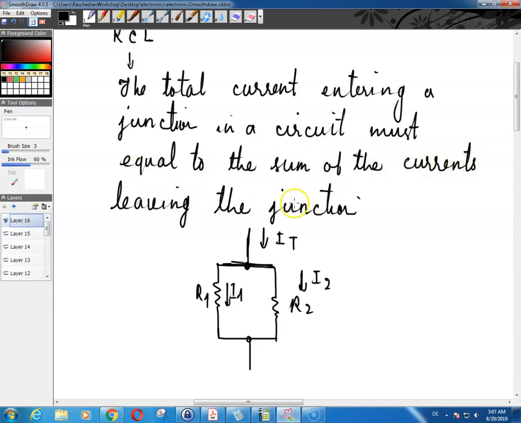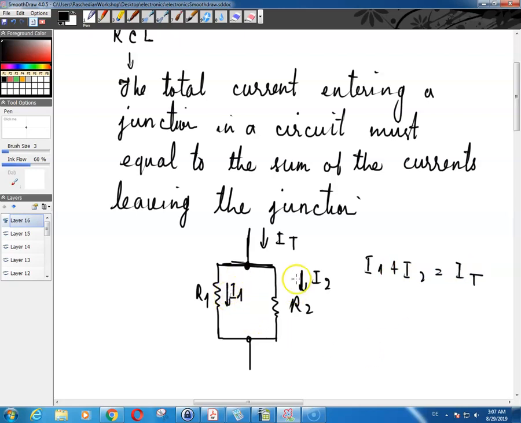For example, at this junction, the total current entering is I of t. The sum of all the currents leaving that junction are I1 and I2. So I1 plus I2 must be equal to I of t.